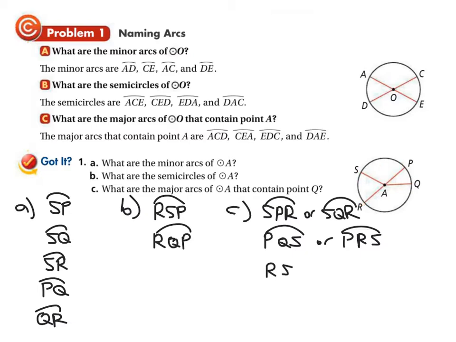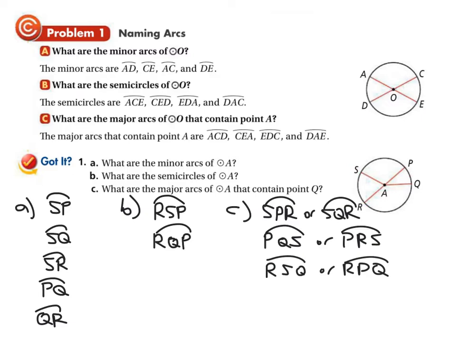Both of those work for names. I hope you realize that I'm just naming the exact same arc two different ways, picking a different point that it goes through the long way. Okay? We tried S, we tried P, we tried R.